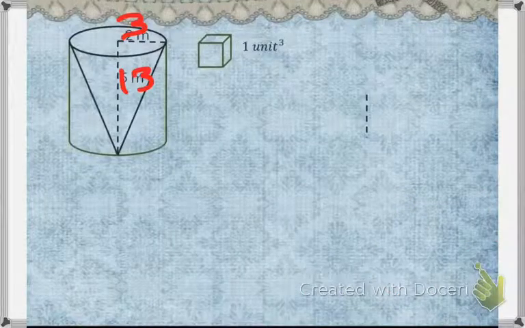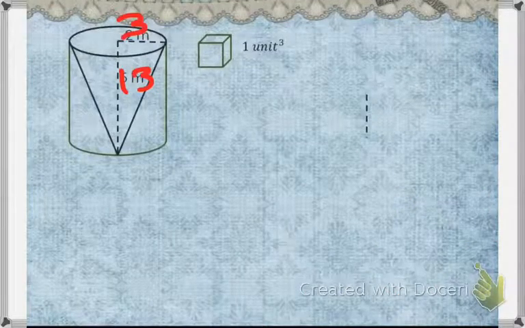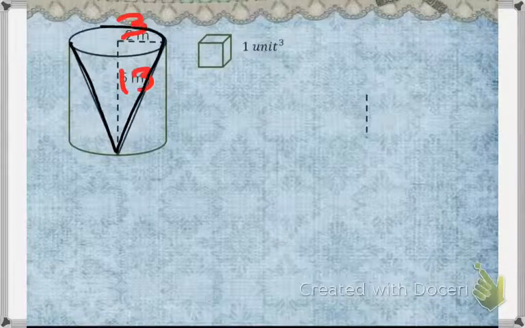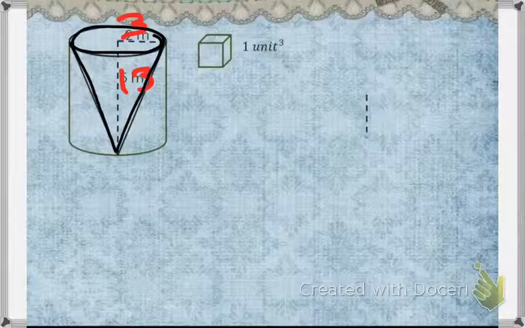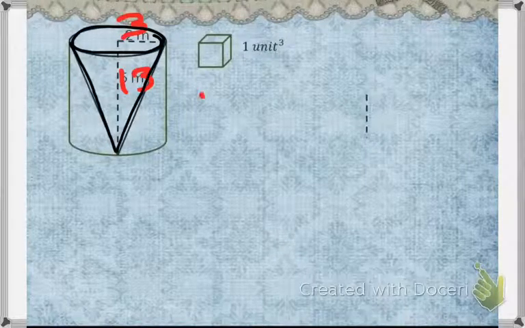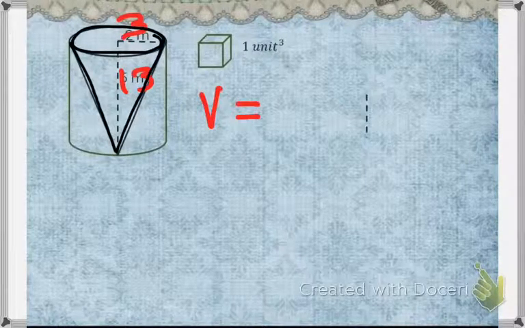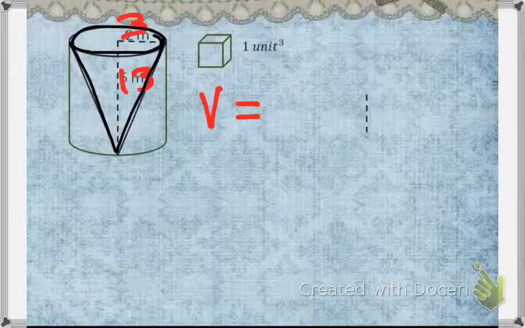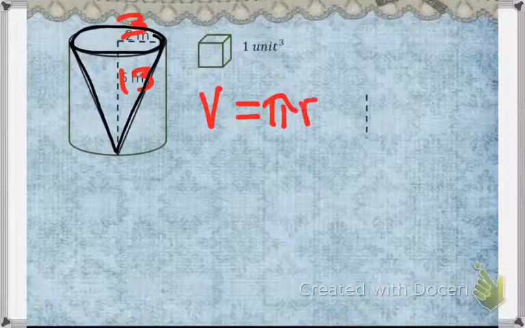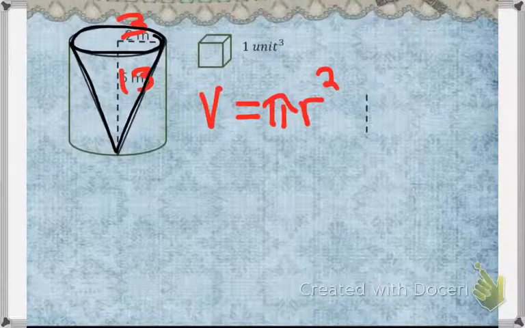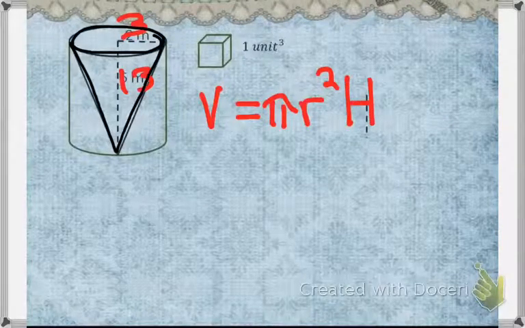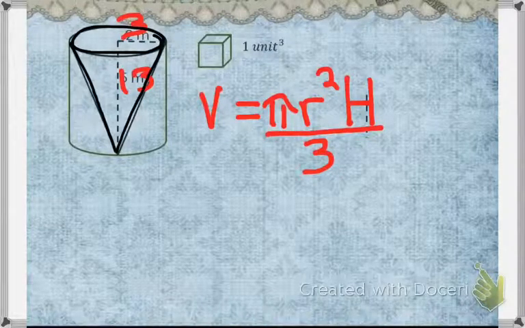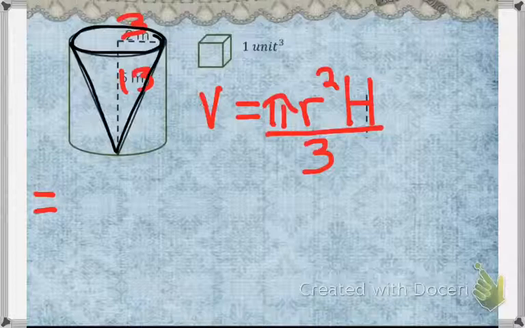So the volume of this black cone, so we're not doing the green cylinder part, just the black cone. So the volume is going to be the volume of the green cylinder, which is pi r squared h. That would give us the volume of the green cylinder, but we want the volume of the cone, so we are going to divide by 3.